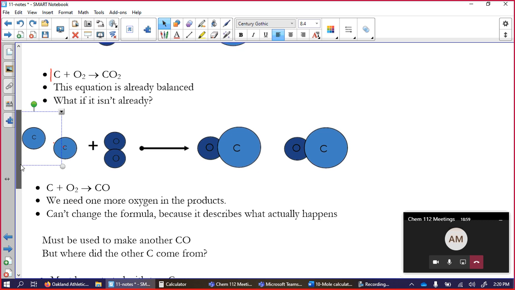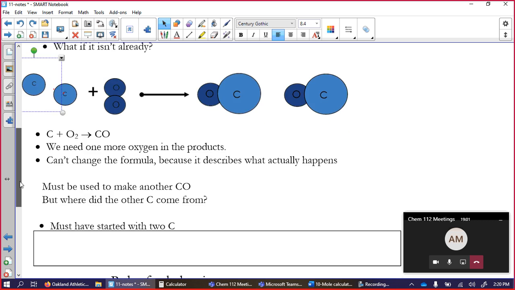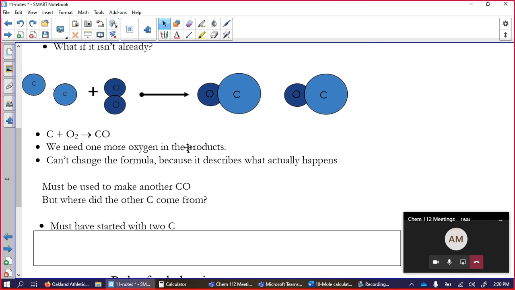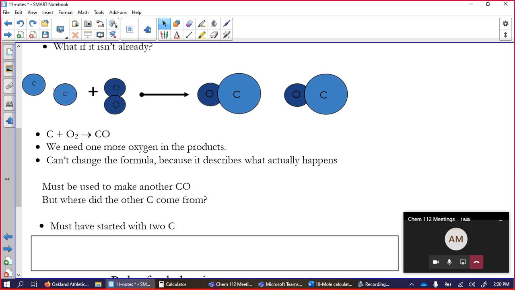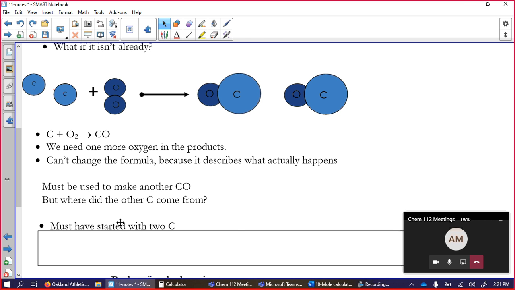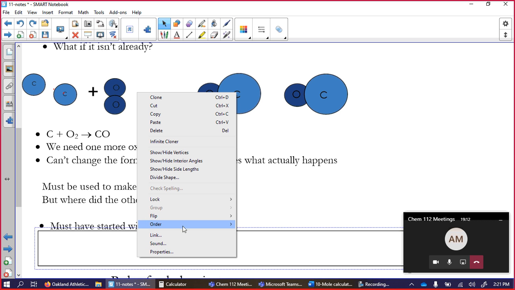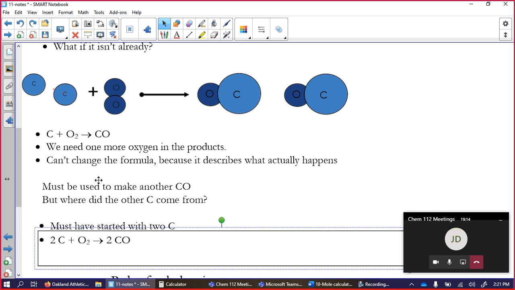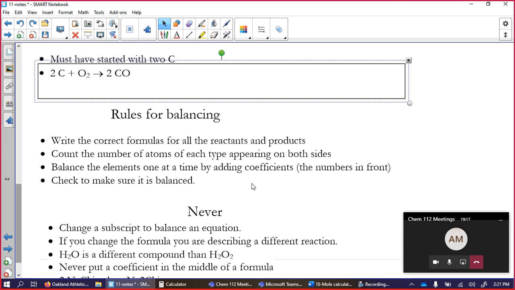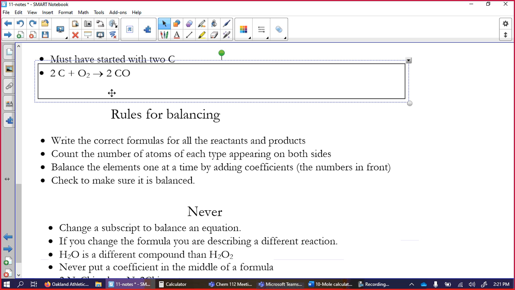So that's fundamentally what we're doing. We just kind of keep adding things. So the actual equation is, well, it's under here. 2 carbon plus oxygen gives 2 carbon monoxide.